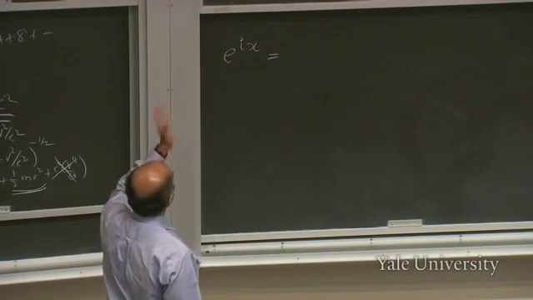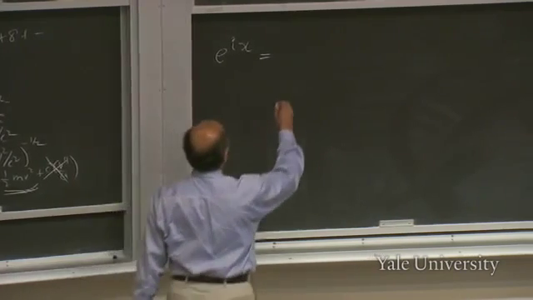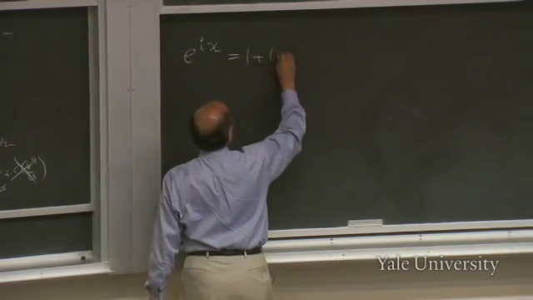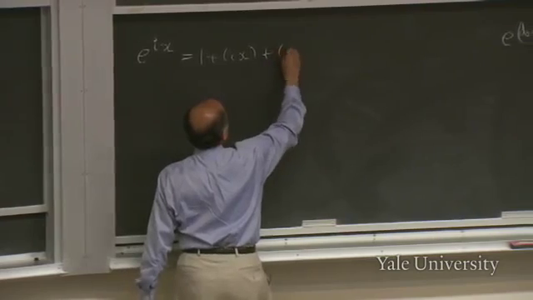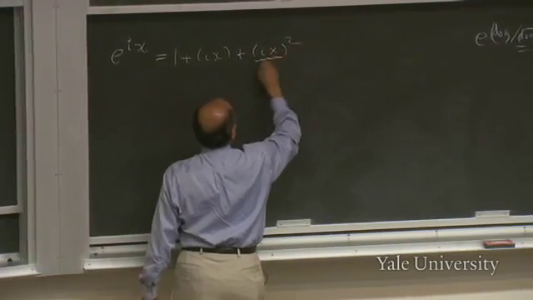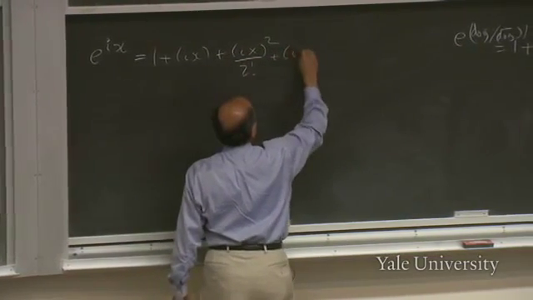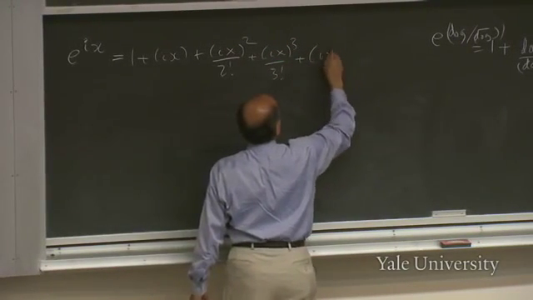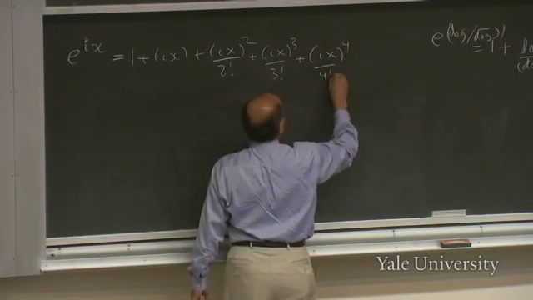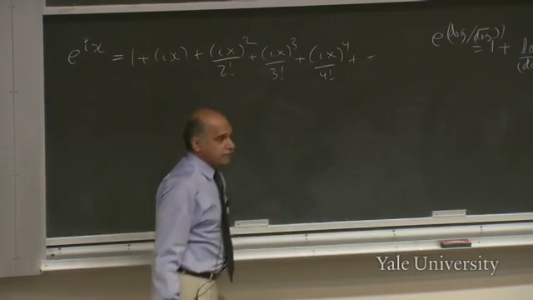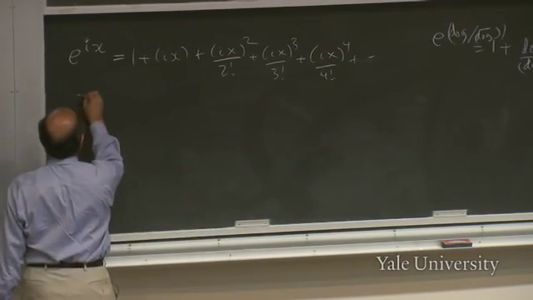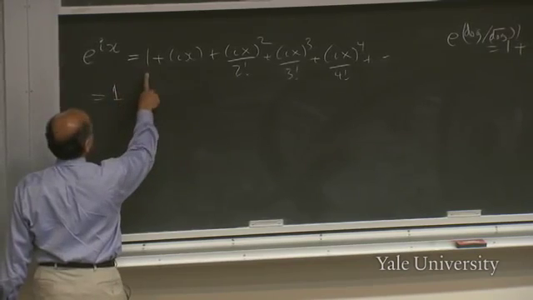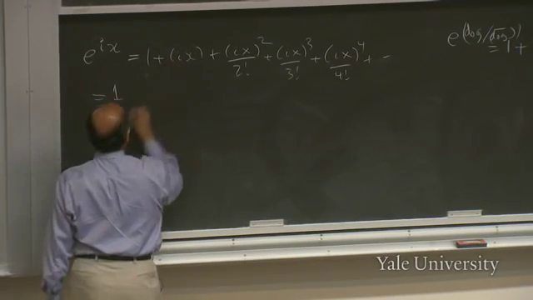Well, let's do the series, okay? So I'm going to get 1 plus ix plus ix squared over 2 factorial plus ix cubed over 3 factorial, and I'm going to stop after this last term, ix to the 4th over 4 factorial. Keep going. Then what do you get? Let's take the 1 from here. Leave this alone for a minute.